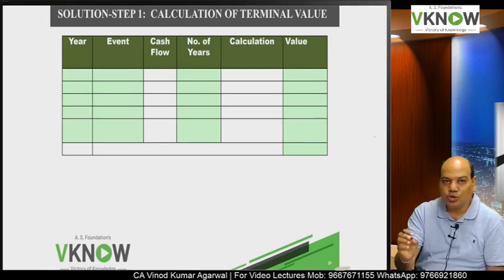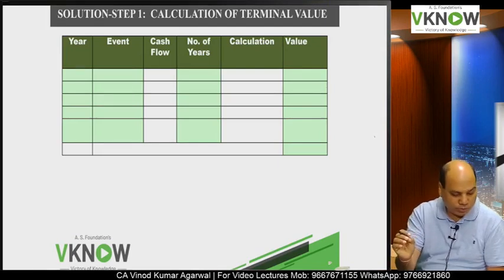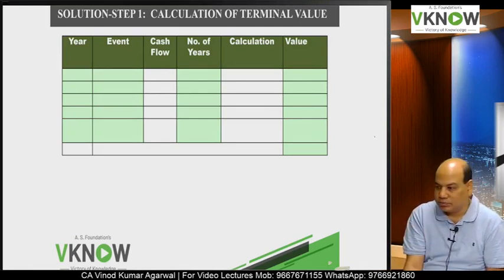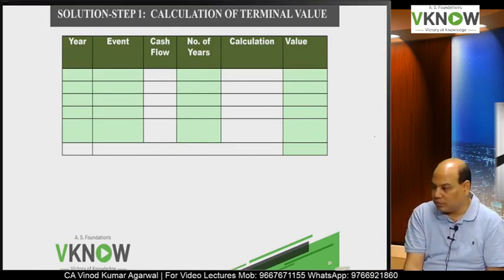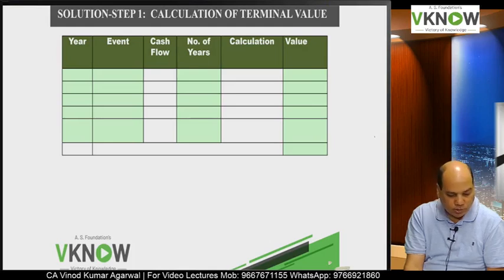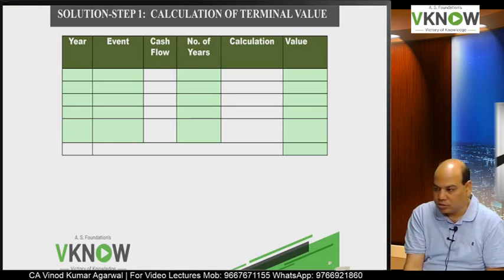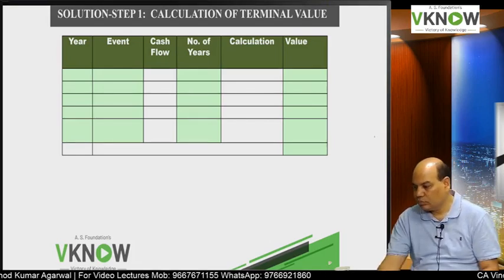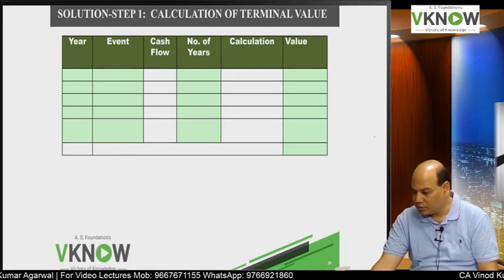How much amount you will get if all cash flows were reinvested at the rate 9%. Step number 1, write down calculation of terminal value. Draw this format first.